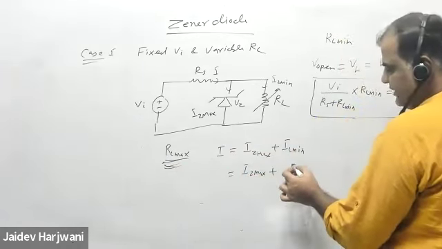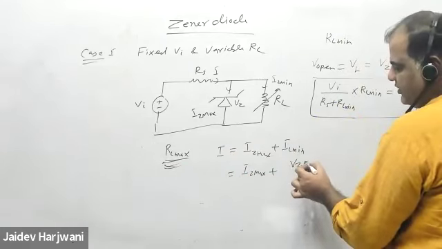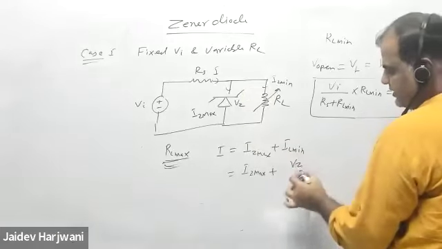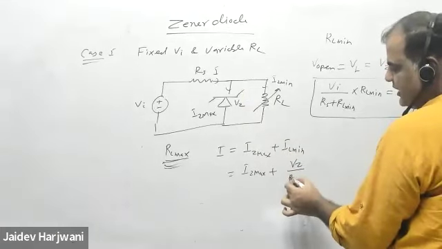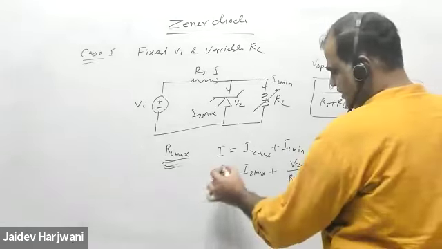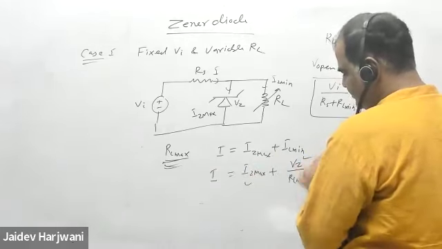And IL minimum will be VZ upon RL max. From this equation, you will be knowing these.